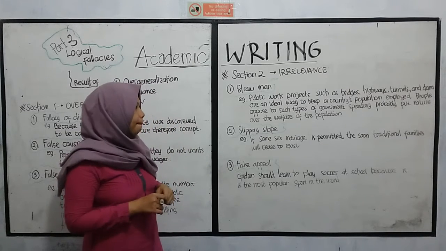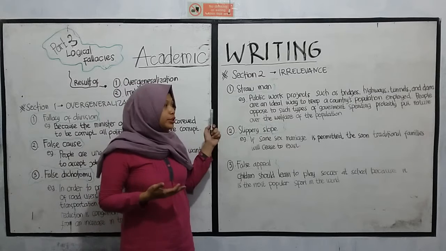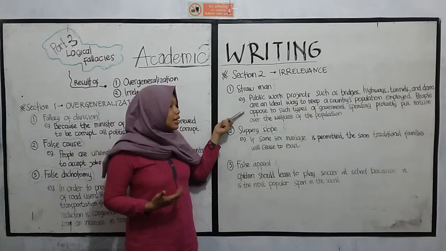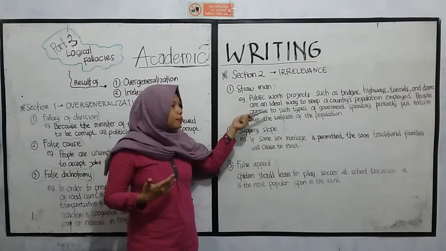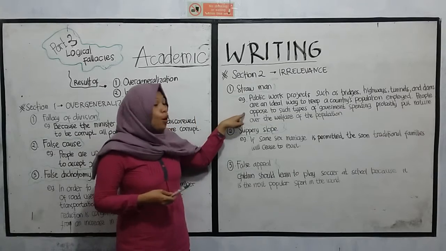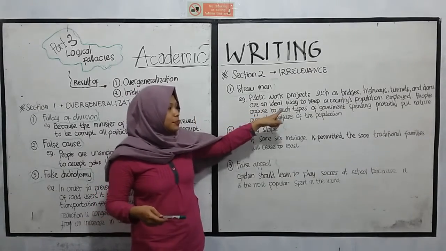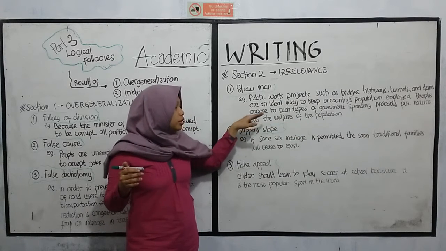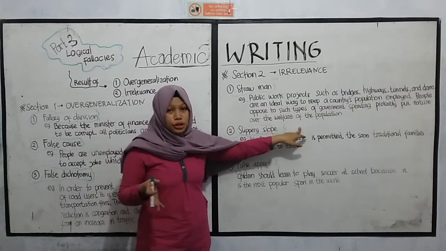For example, public work projects such as bridges, highways, tunnels, and dams are an ideal way to keep a country's population employed. People opposed to such types of government spending probably put nature over the welfare of the population.